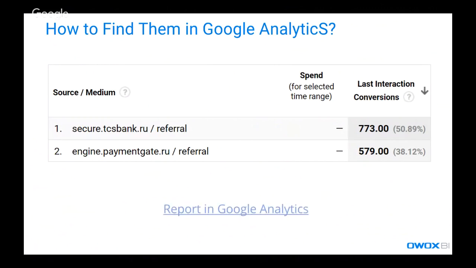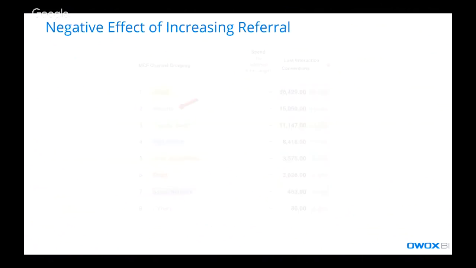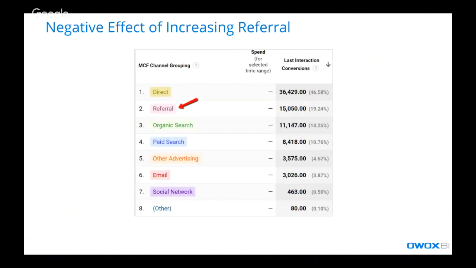What's the problem? All these sources are attributed as referrals, so you see high revenue for this channel and smaller revenue for the other sources.